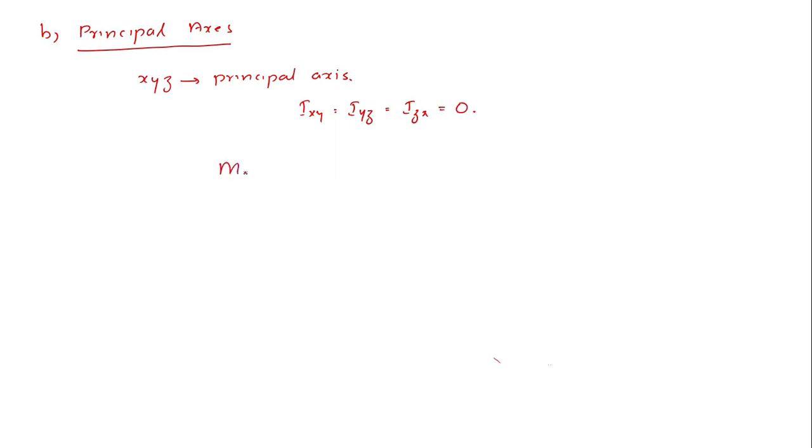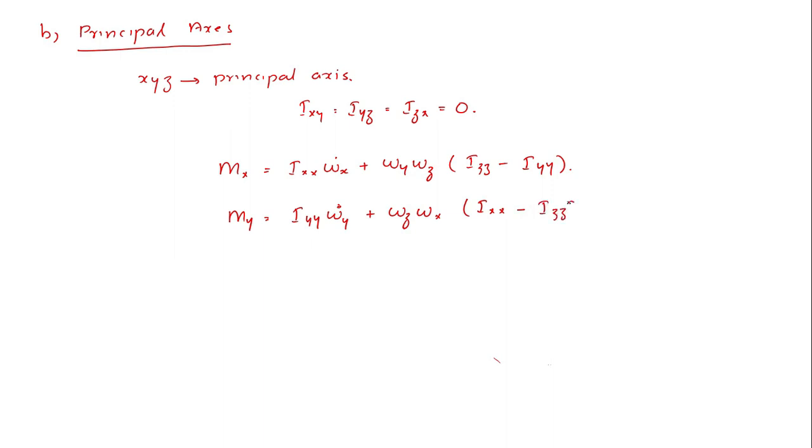Hence the equations get reduced to the format mx equals Ixx into omega x dot plus omega y into omega z into Izz minus Iyy, and my is equal to Iyy into omega y dot plus omega z into omega x into Ixx minus Izz, and mz is equal to Izz into omega z dot plus omega x into omega y into Iyy minus Ixx.